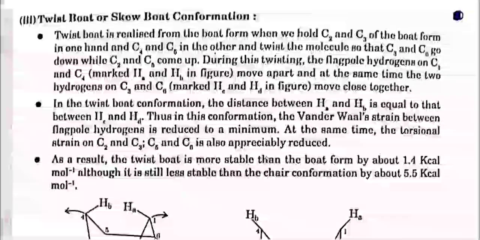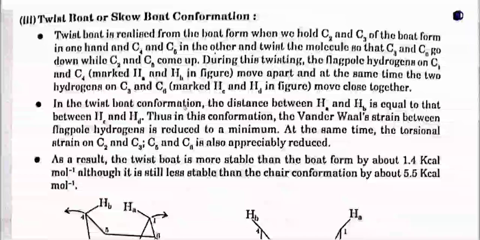Twist boat or skew boat conformation. Twist boat is derived from the boat form when we hold C2 and C3 of the boat form in one hand and C4 and C5 in the other and twist the molecule so that C3 and C6 go down while C2 and C5 come up. During this twisting, the flagpole hydrogens on C1 and C4, marked HA and HB in the figure, move apart, and at the same time the two hydrogens on C3 and C6, marked HC and HD in the figure, move closer together.